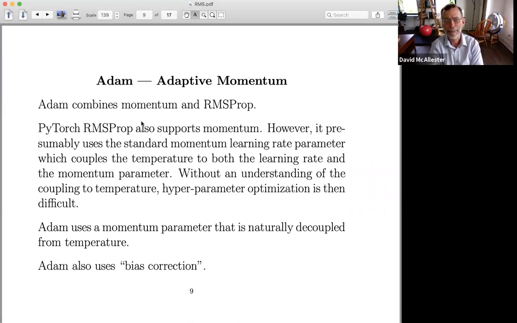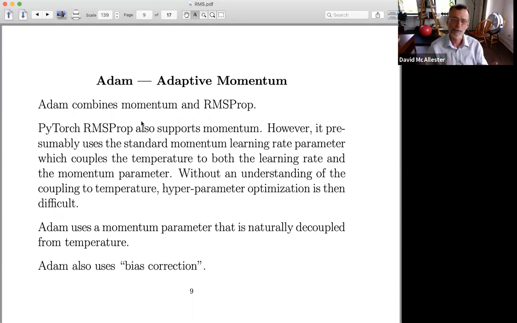ADAM, adaptive momentum. ADAM combines momentum and RMSProp. Now, the PyTorch version of RMSProp also supports momentum. However, it's presumably the standard form of momentum, and I've discussed in previous units how the standard formulation of momentum creates a coupling between the momentum parameter and the learning rate.